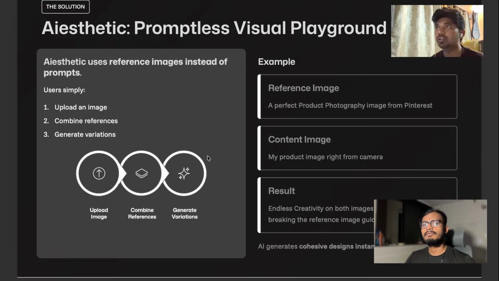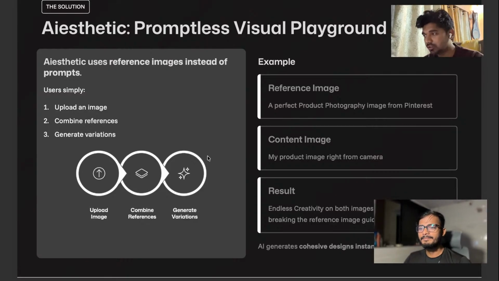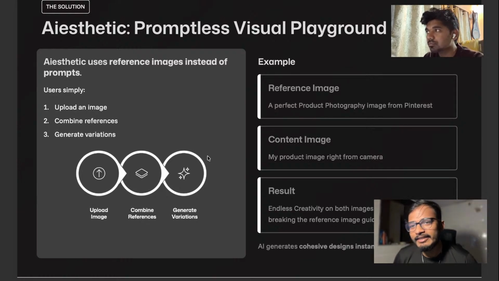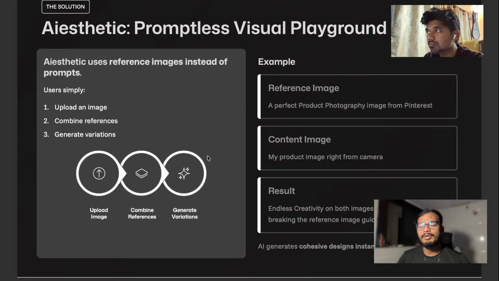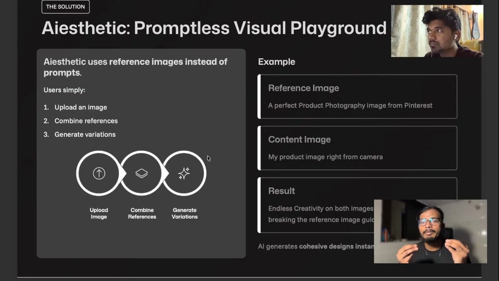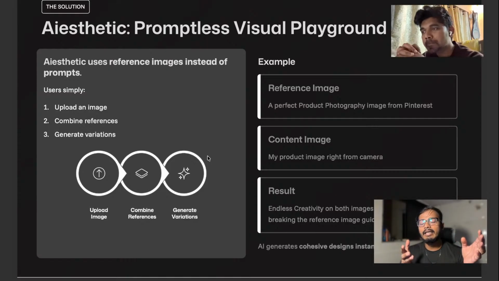So I would like Rana to start with the solution part. Basically, the solution to this very big problem is that users or humans need not explain their visuals in terms of text, because current LLMs, the generative models in the market, require a technical prompt.